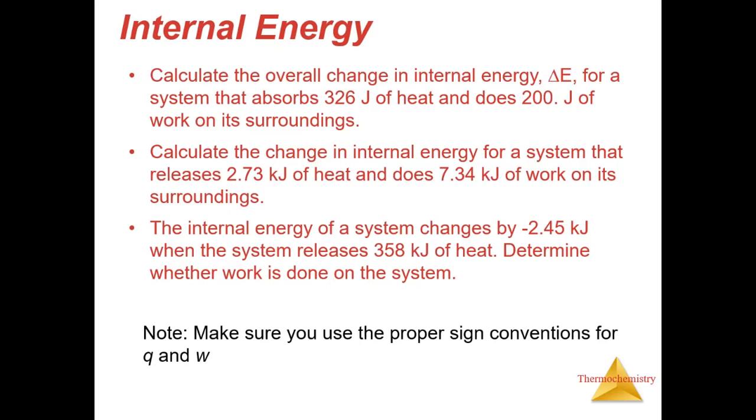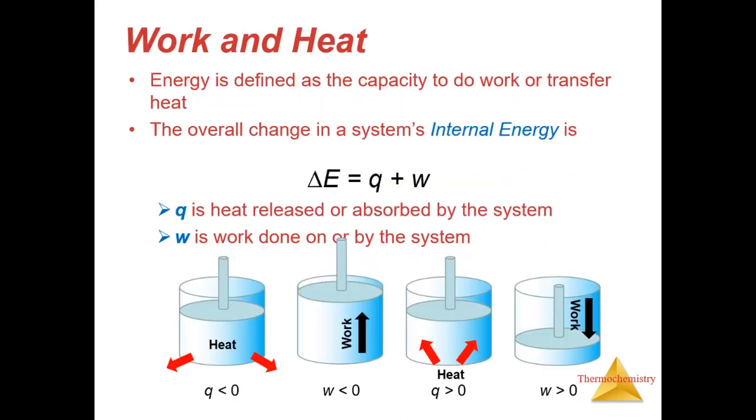Let's look at this second one. My system released 2.73 kilojoules of heat, and it did 7.34 kilojoules of work. Now, if it released 2.73, is my Q going to be positive or negative, Rebecca? Negative. Okay.